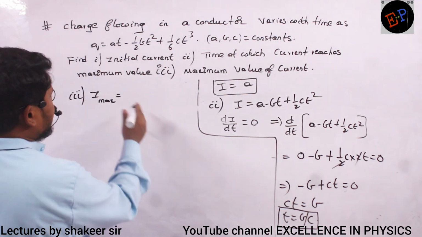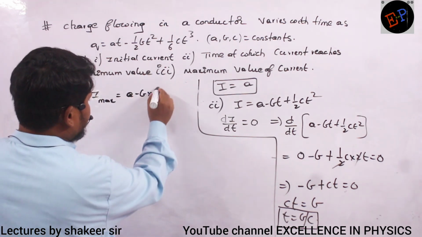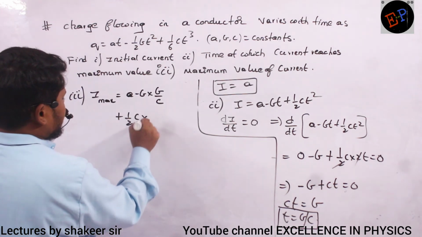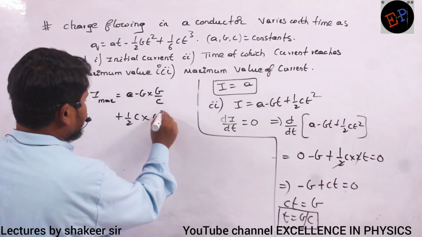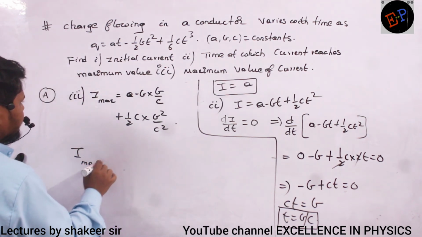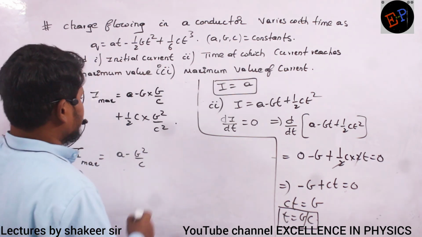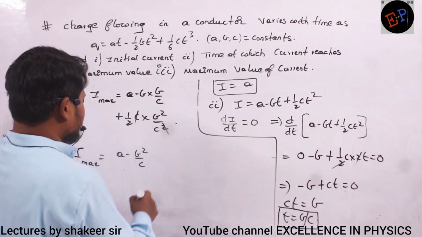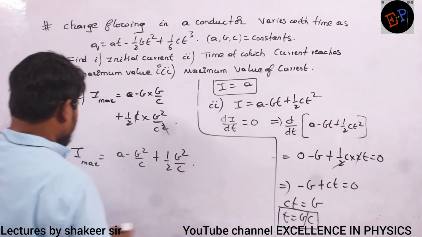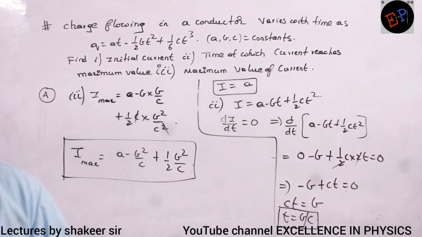What is the equation of current? A minus B into, instead of t I will write B by C, plus half C, again instead of time I will write B square by C square. So this is the maximum value of current. So A minus B square by C, and C and C square get cancelled, plus half B square by C. So this is the equation for maximum value of current.